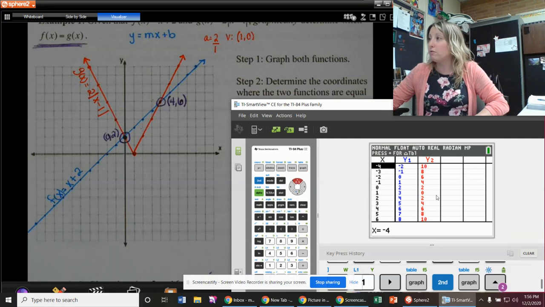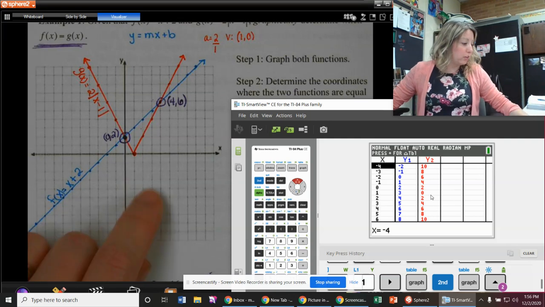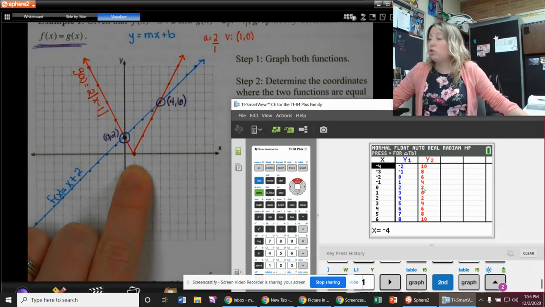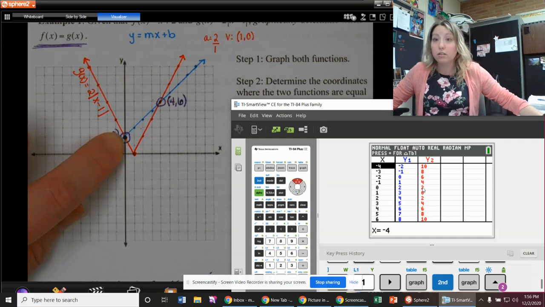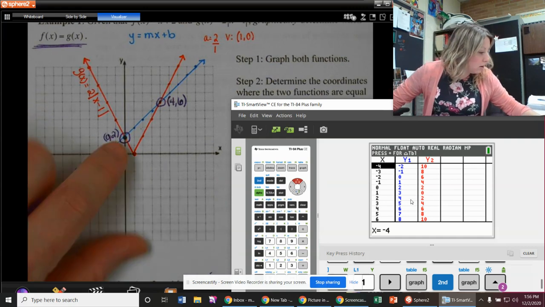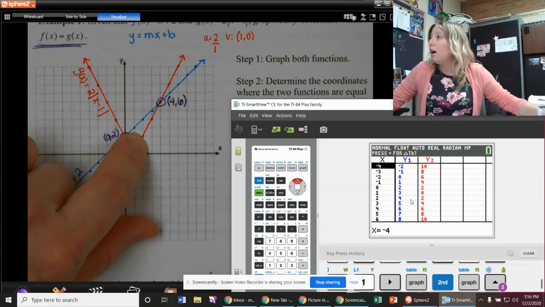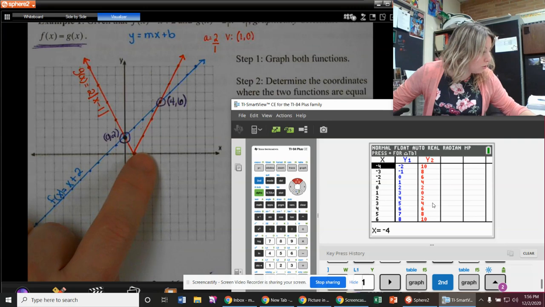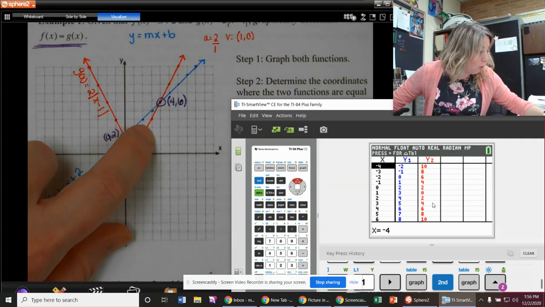Let me show you around the vertex here. So here's the vertex in the middle here, 1, 0, which is exactly the vertex I have. And then I've got 0, 2, up. And then I've got 2, 2, right there. And then I've got 3, 4, 1, 2, 3, 1, 2, 3, 4, yup, right there.